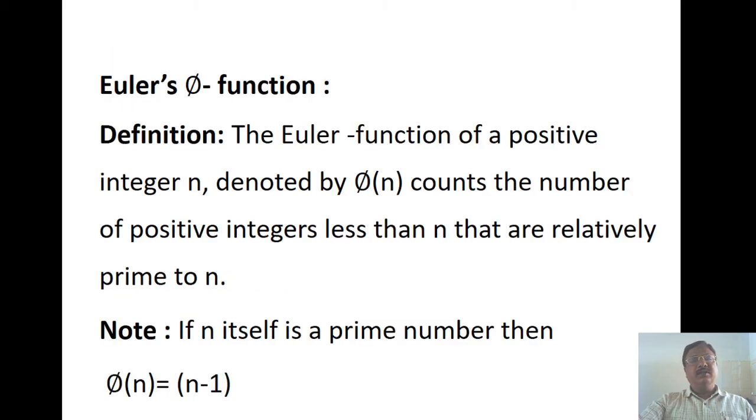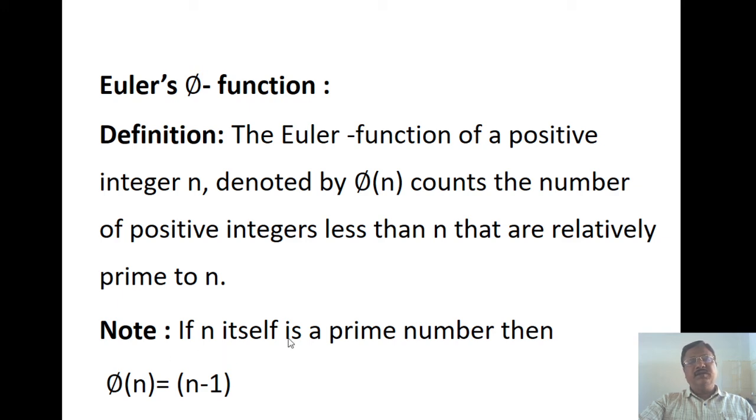Now let us see Euler phi function. The definition is like this: the Euler function of a positive integer n, denoted by phi of n, counts the number of positive integers less than n that are relatively prime to n.